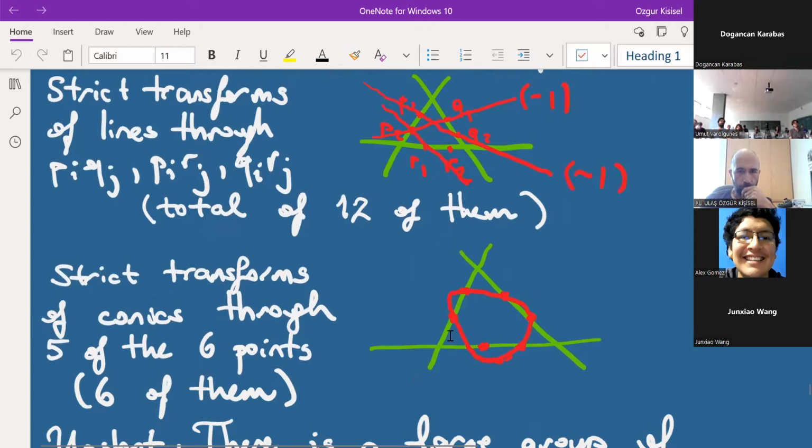So if you select 5 out of those 6 points, missing 1, and that's the reason, more or less, that these 6 shouldn't be on a conic. Otherwise, you wouldn't get a smooth cubic. There are 6 ways to leave out 1 point. So you have 6 conics through 5 of those points.